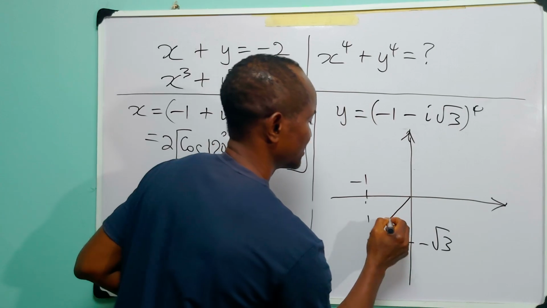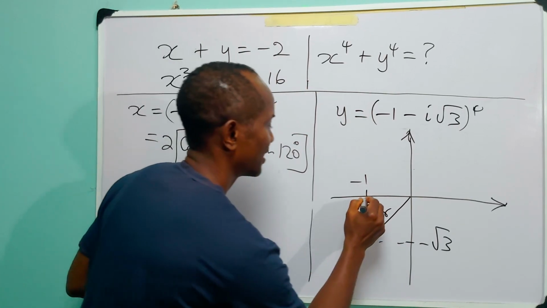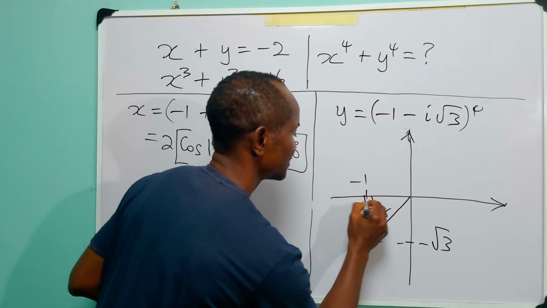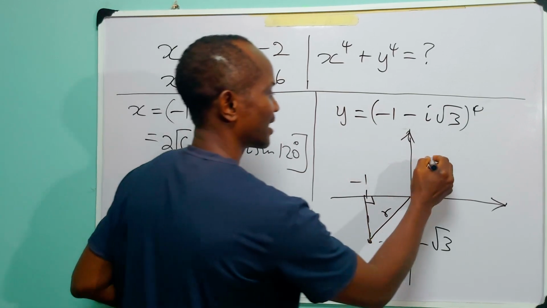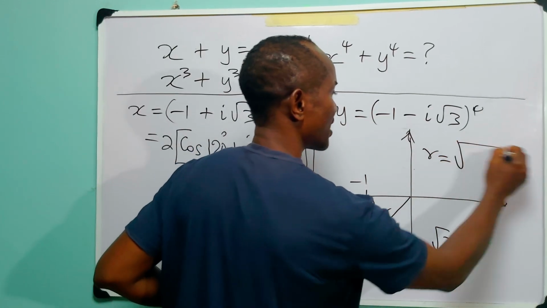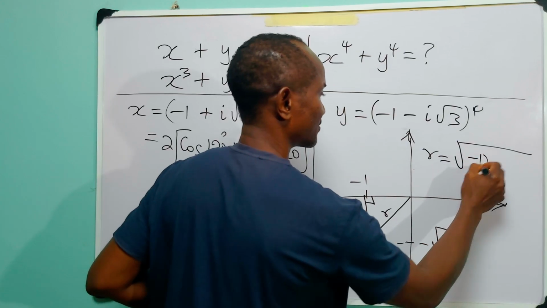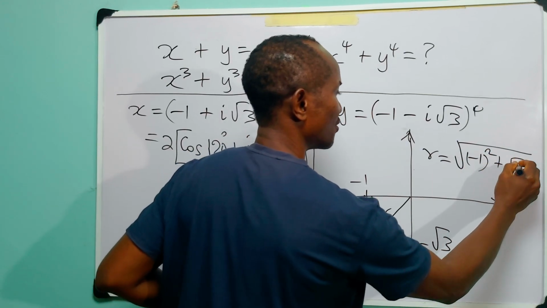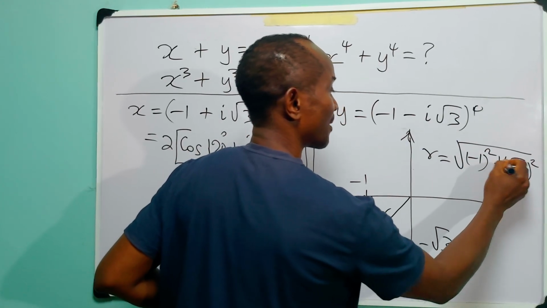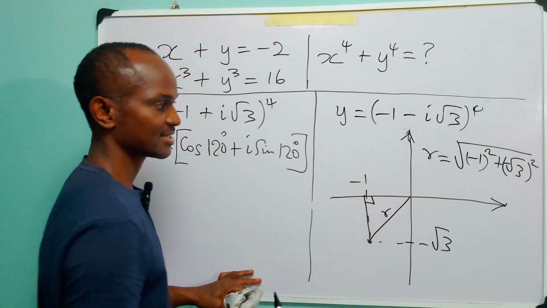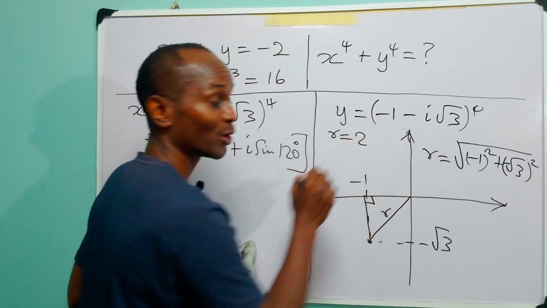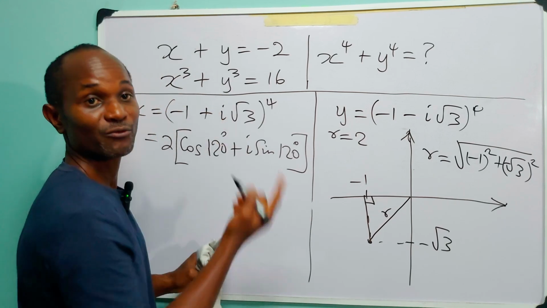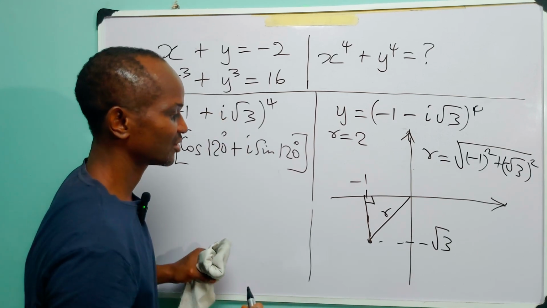Remember that this is still r and this is still a right-angled triangle. So to calculate r, we have that r is equal to the square root of minus 1 squared plus minus root 3 squared in this case. And we already know that r must be equal to 2 from the other calculation.